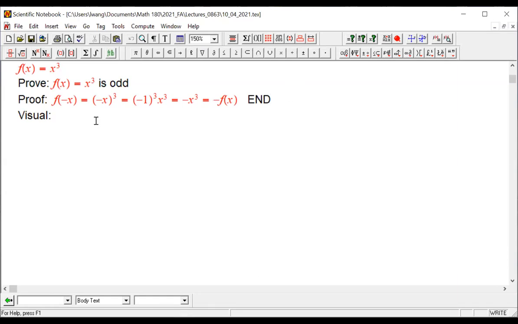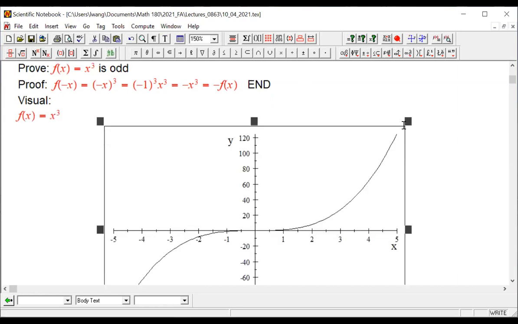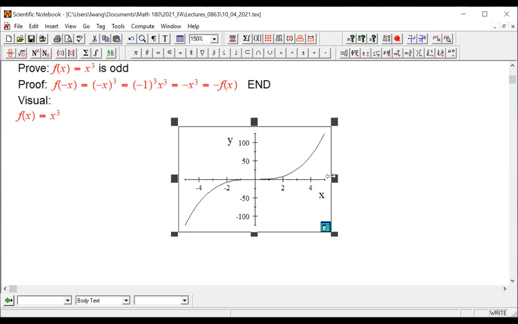The visual. And of course, we have done the picture, didn't we? You guys should know the picture very well. So this is the picture. We're going to look at some numerical values.